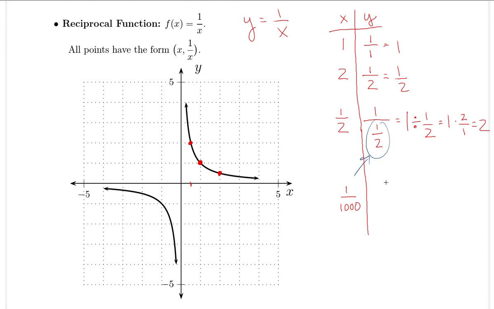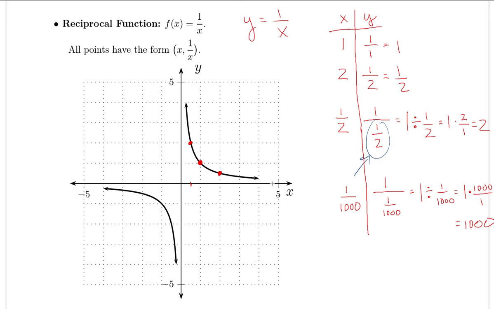Well, then the function would be 1 divided by 1/1000, which is equal to 1 times 1,000 over 1. So when x is 1/1000th, that means really, really close to x equals 0, we are all the way up at y equals 1,000, and of course we can't graph that. So the smaller the bottom number gets, the bigger the y value gets.